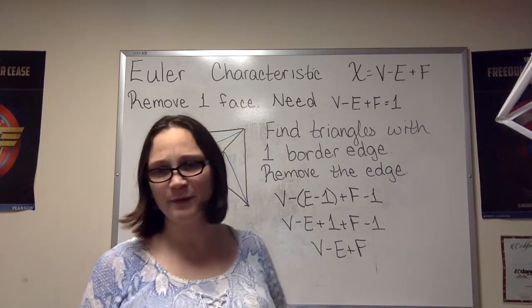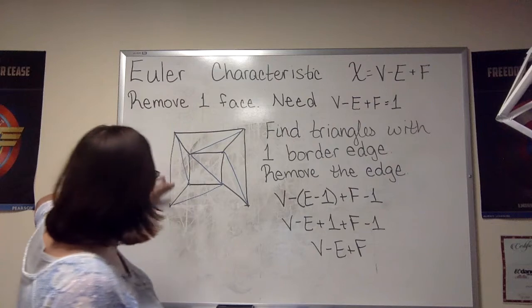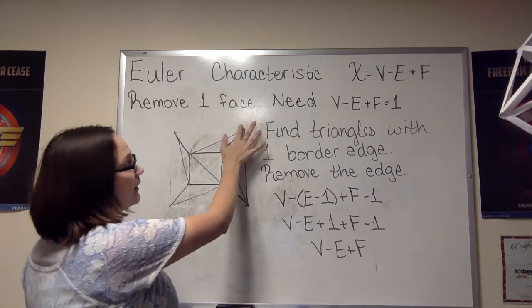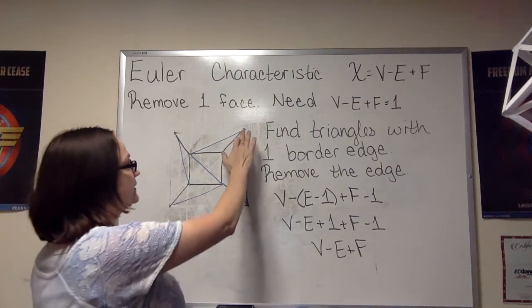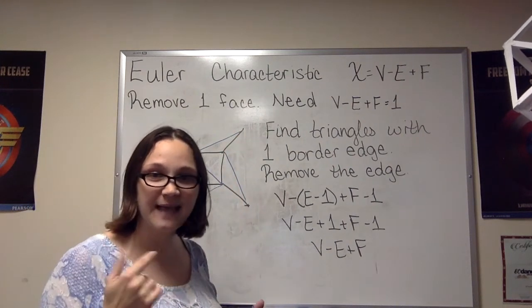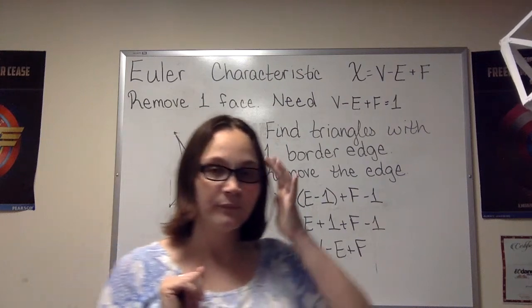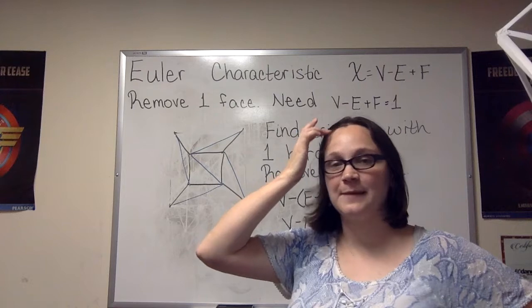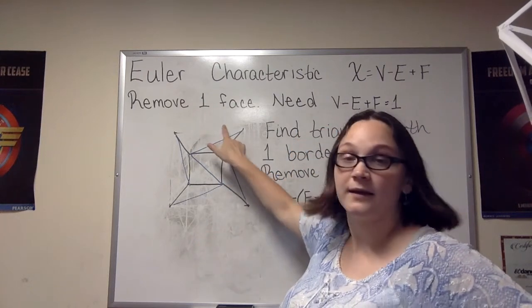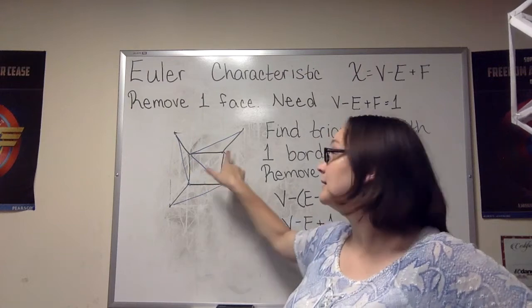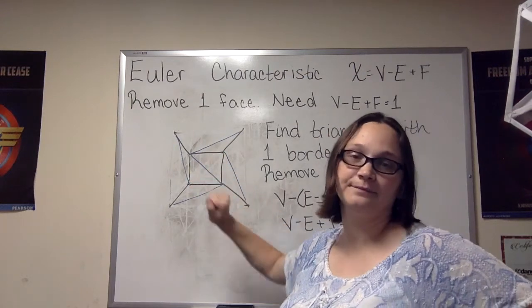And I'm going to keep doing this. One by one, I'm going to remove these edges for any triangle that has exactly one border until I can't anymore. Now I can see I only have two types of triangles. Those that have two border edges and those that have none.